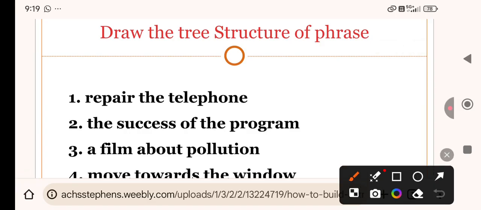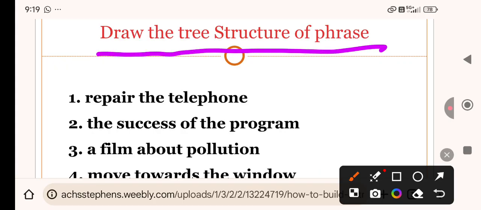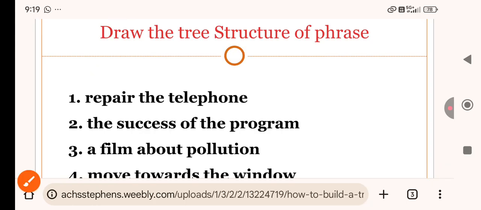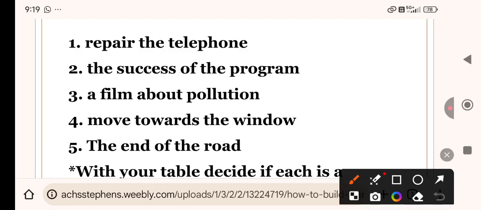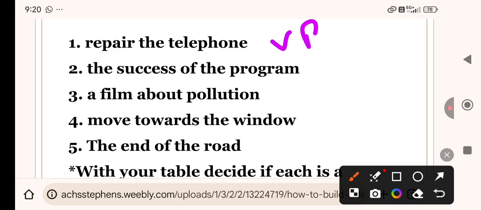So this is the question, and then these are the different phrases. The first is repair the telephone, the success of the program. This is a verb phrase, this is a noun phrase, right? Why? Because it starts from a verb.